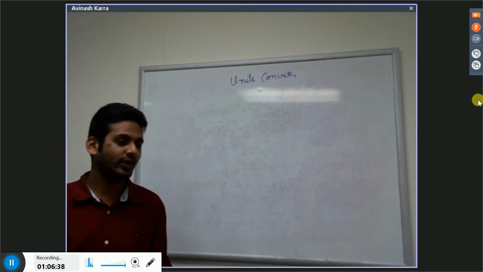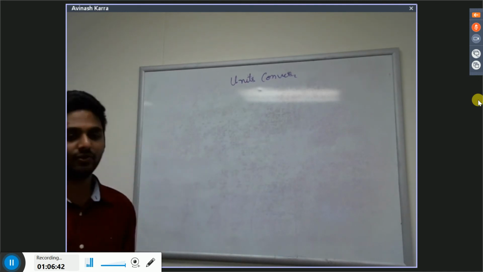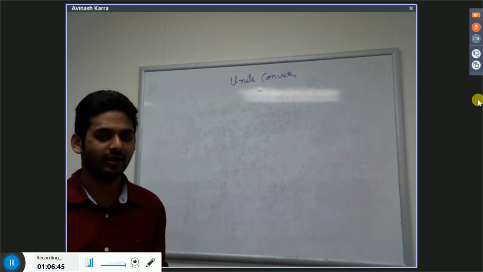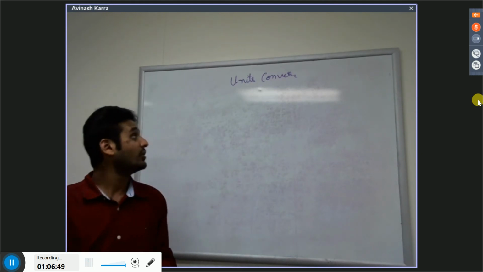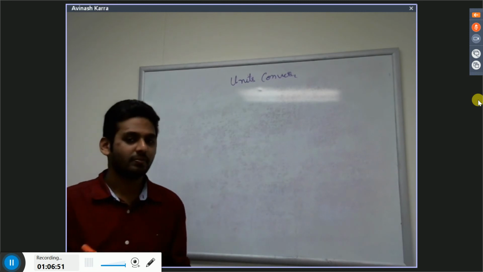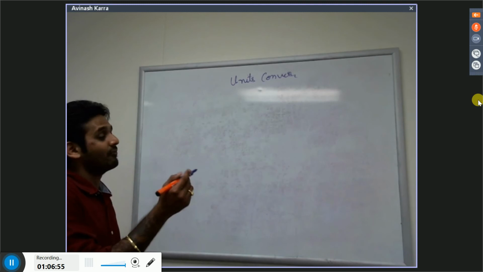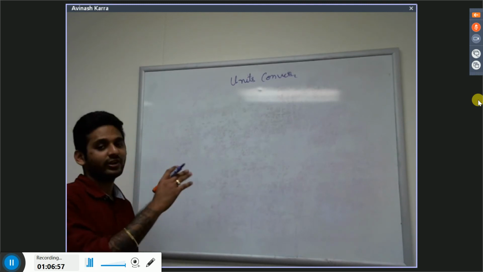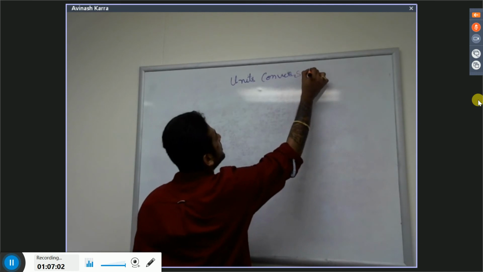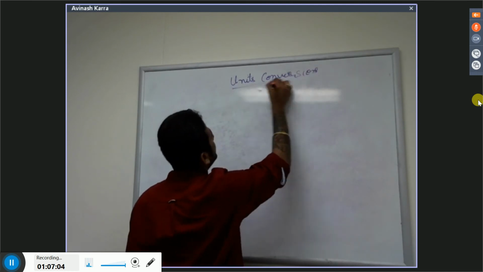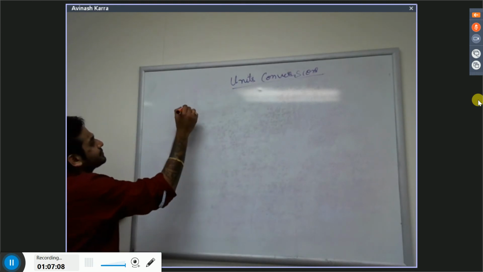If I add a unit like meter, 100 meters, it becomes a distance. 100 pounds becomes weight. So units are the most important thing which you need to concentrate on, and whenever there is a problem, we should concentrate on the units also. When there are two different units, how to convert from one unit to another is what I'm going to explain now.